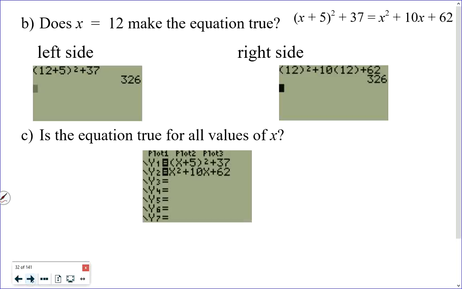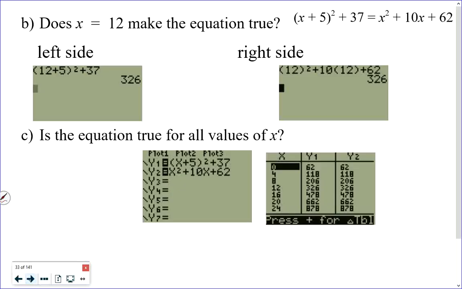Is the equation true for all values of x? Well, I'm putting in (x plus 5) quantity squared plus 37 for y1, and for y2 I'm putting the other side. And it doesn't matter what these particular values of x are. Apparently my table is set up to start at 0 and go up by 4. y1 and y2 are equal for these particular values of x.